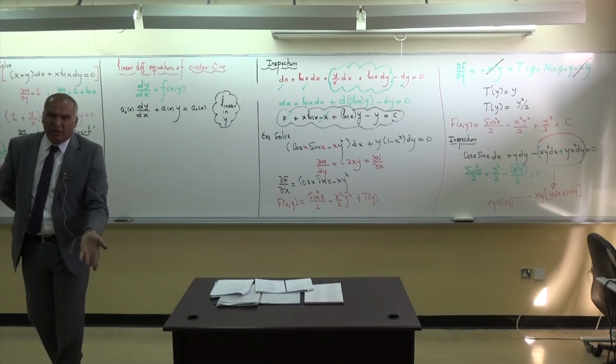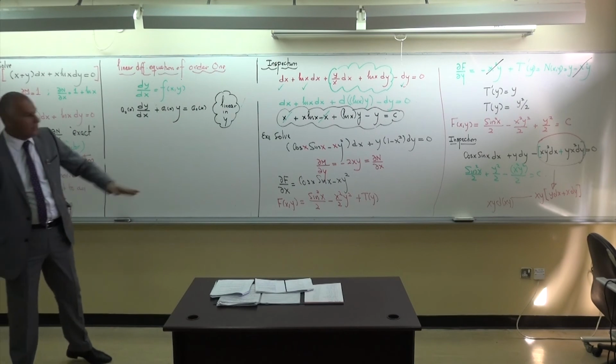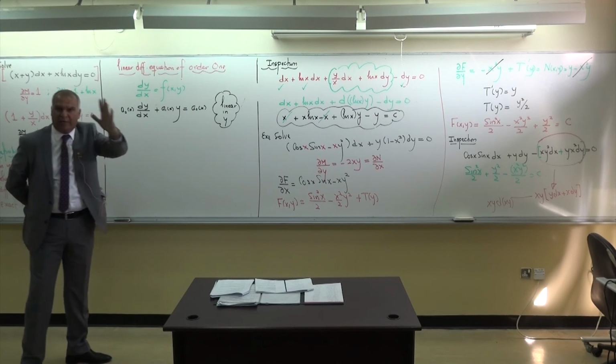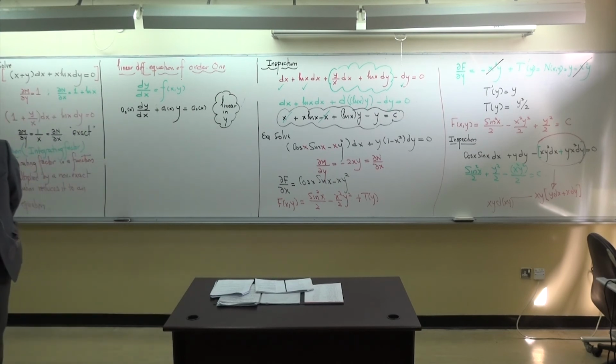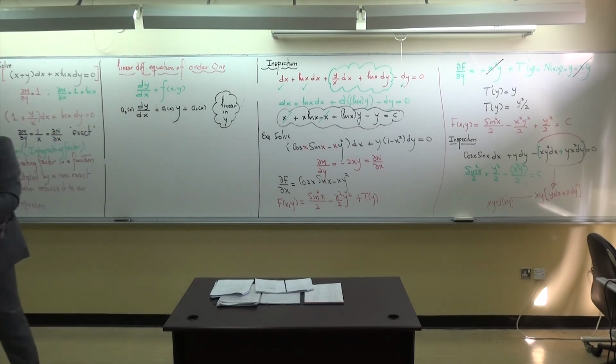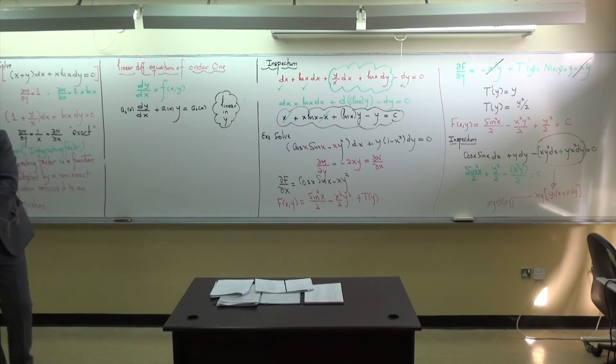But if it becomes zero, then there is no need to solve the exercise with the linear method, because it is solved by separation of variables. Right, this goes away, so here we have simple dy over y equals a1 over a2 times dx, and it is solved by separation of variables. Once it is not zero, then we have to solve it with the linear method. Now linear in y and linear in x exercises are solved in the same standard method, the same way. There is no difference, you will see the steps. The whole idea is that if it is linear in y we integrate with respect to x, and if it is linear in x we integrate with respect to y.